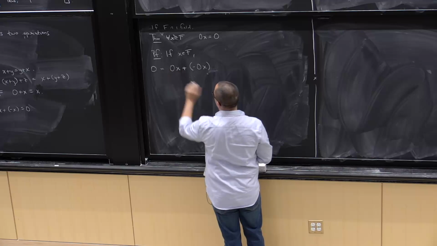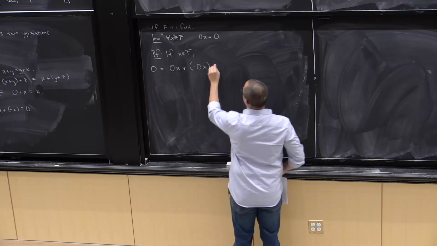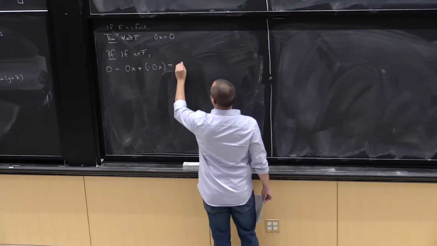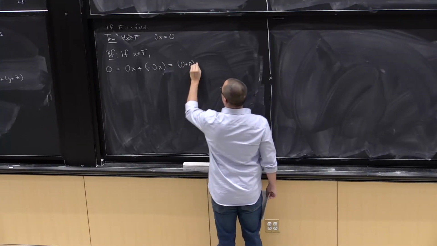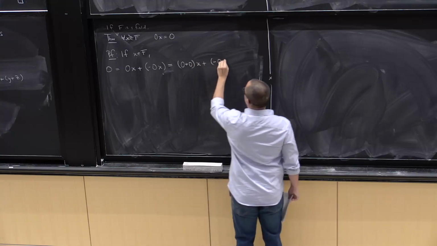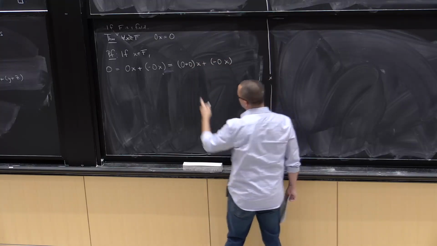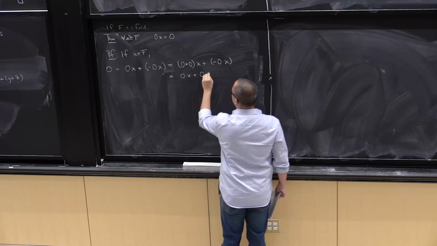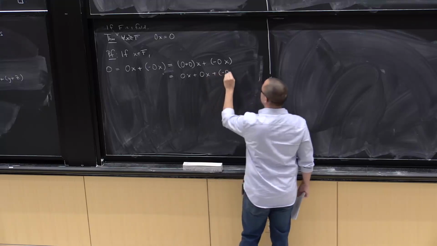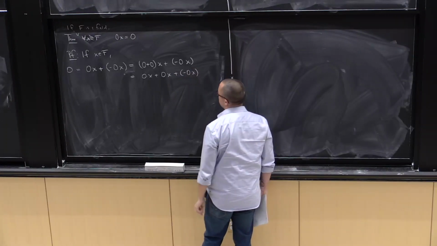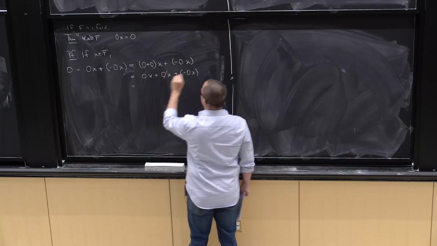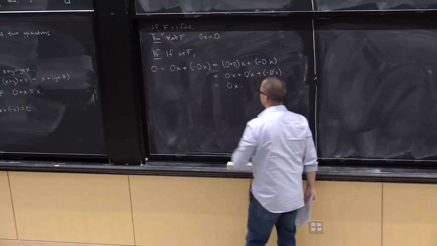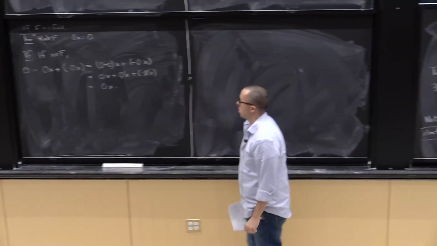Every element has an additive inverse. And now 0 is equal to 0 plus 0 times x plus, again, the additive inverse of 0 times x. And now I use the distributive law. This is 0 times x plus 0 times x plus the additive inverse of 0 times x. And that cancels with that, and I get 0 times x. So I started off with 0, and I arrived at 0 times x. All right?